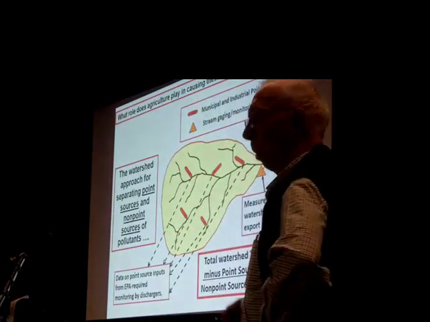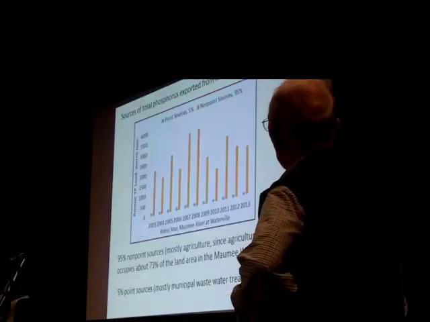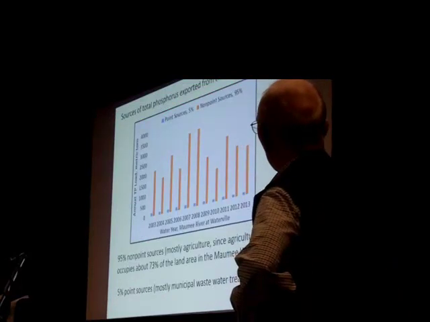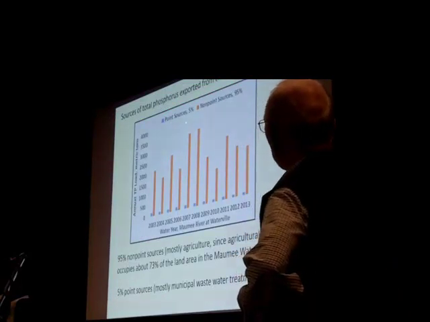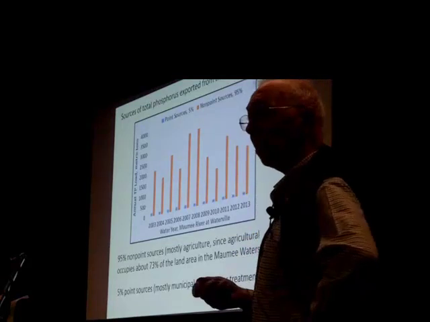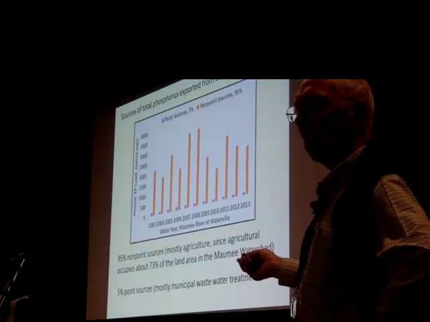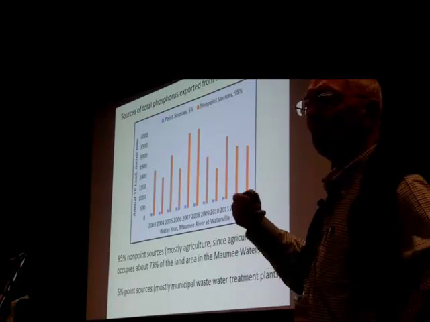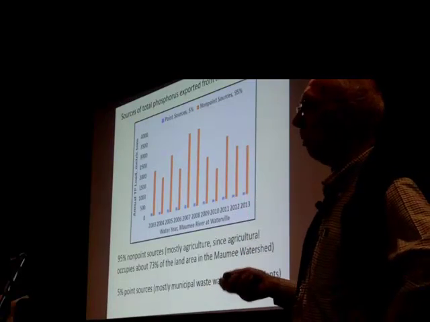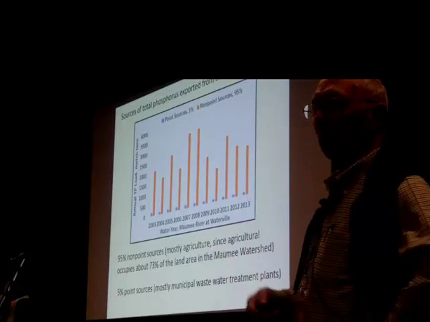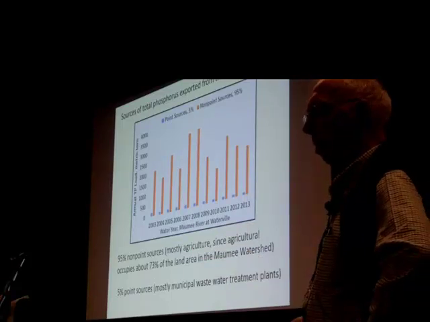And so when we do that for the Maumee River, for the last 10 years, this is what we get. The blue bars here are the point source inputs, on average only about 5% of the phosphorus that goes out the Maumee River. That's at most what's coming from the point sources like Fort Wayne and Defiance and Lima and so forth.